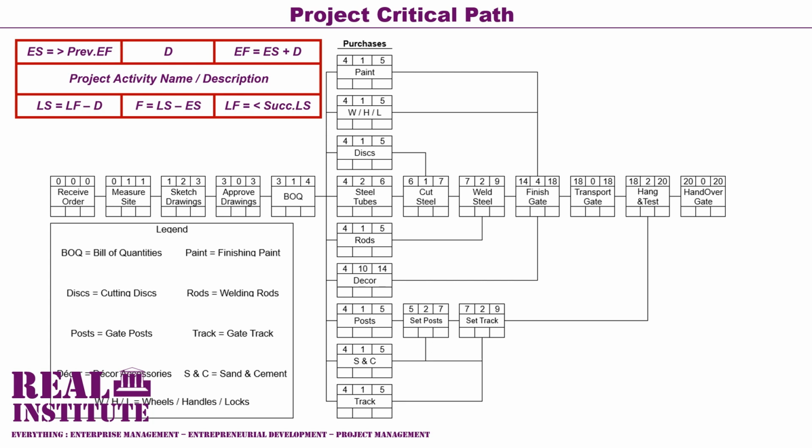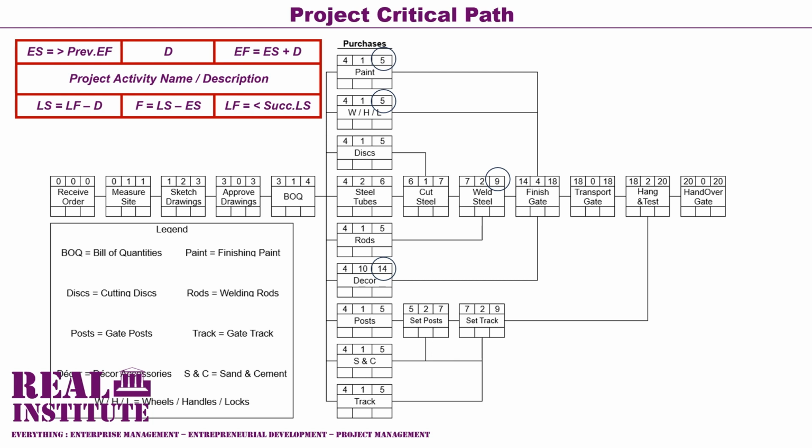Activity 21, on the other hand, that is the finish gate activity, has 4 predecessors, which are the activity order or purchase paint, and the activity order or purchase wheels, handles and locks, and the activity weld steel structure, and the activity order or purchase deco accessories, and is allocated an early start value equal to the largest early finish value from all its predecessors.